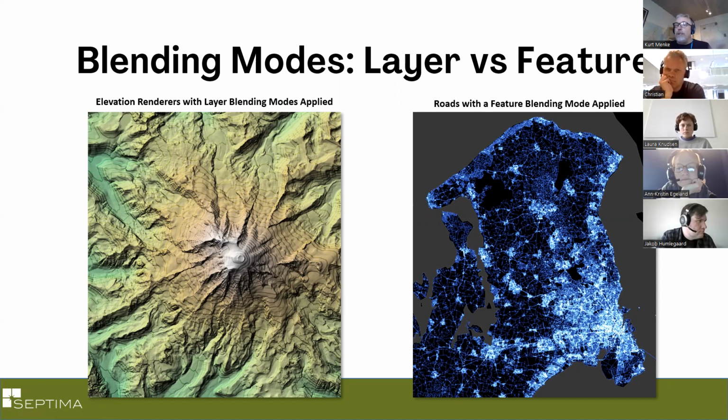So it shows road density because you're highlighting against this dark base map where there are a lot of road features stacked on top of one another. And so this is a visualization technique that you can use that blending mode of addition for.